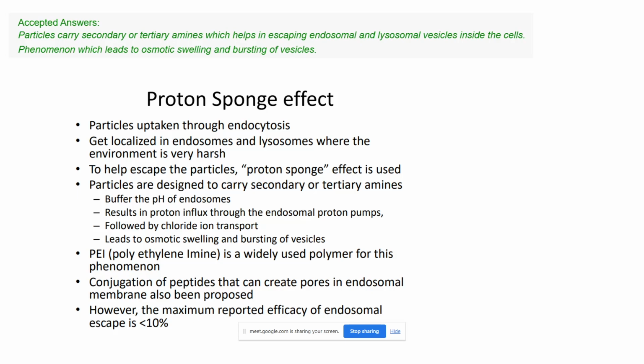So it will lead to more diffusion of water molecules inside the vesicles. That will basically lead to osmotic swelling and bursting of the vesicles. That is why the two options, secondary and tertiary amines helping in escaping endosomal vesicles, as well as the phenomenon which leads to osmotic swelling and bursting of vesicles, are correct.